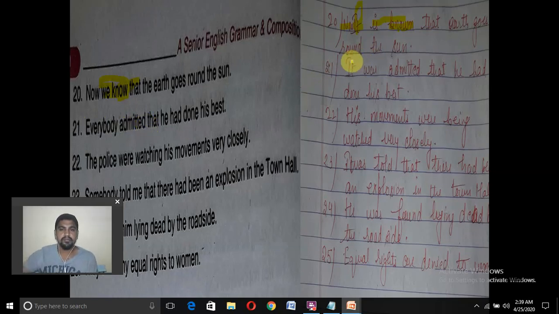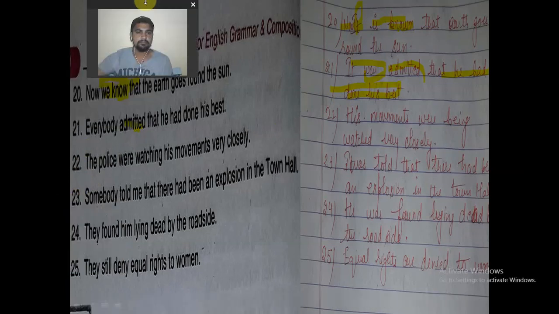It will take the singular "was." Then "admitted" is the third form of the verb; in this case it is the third form, here it is the second form. It was admitted that he had done his best. Then the next one is: the police were watching his movements very closely.